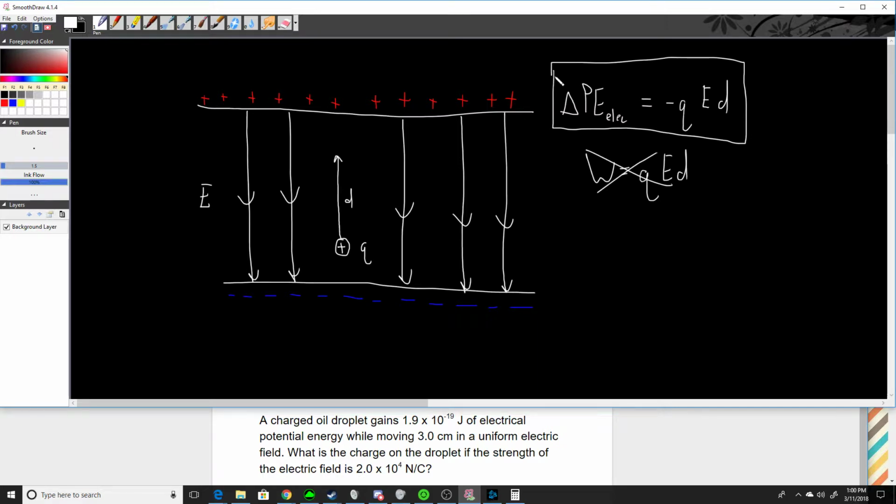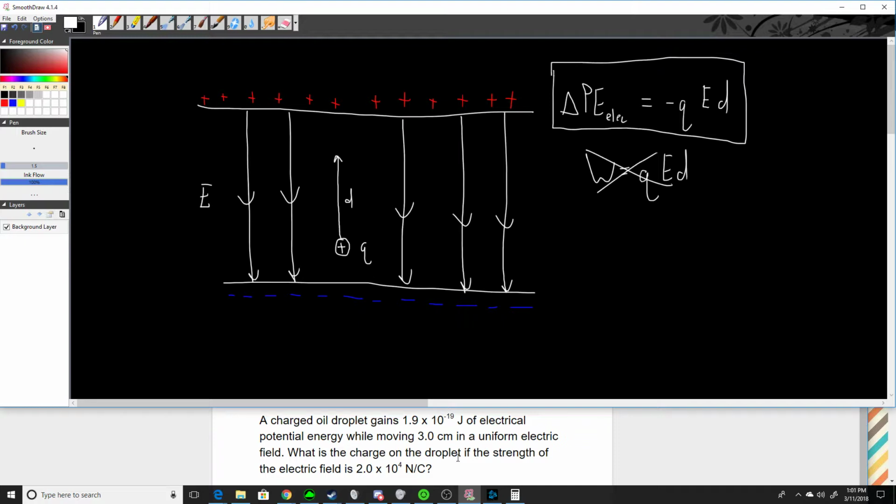So I've got a practice problem there that we're going to work with. So let me go down. With this problem, a charged oil droplet gains 1.9 times 10 to the negative 19th joules. I know I'm talking about energy, electrical potential energy, while moving 3 centimeters in a uniform electric field.